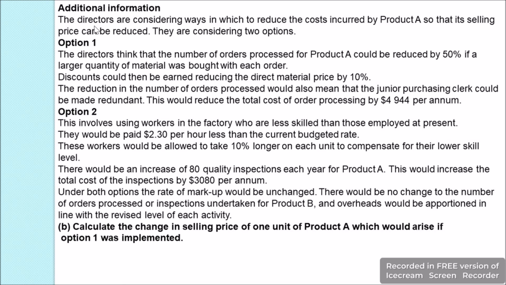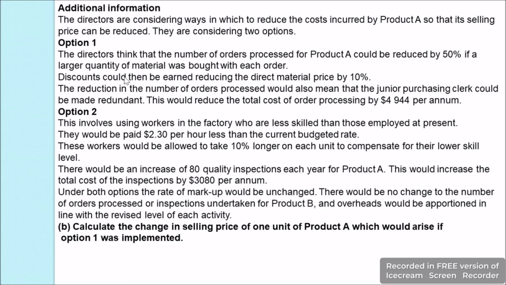Furthermore, we have additional information which says that the directors are considering ways in which to reduce the cost incurred by product A so that its selling price can be reduced. They are considering 2 options. In option 1, the directors think that the number of orders processed for product A could be reduced by 50% if a large quantity of material was bought with each order.